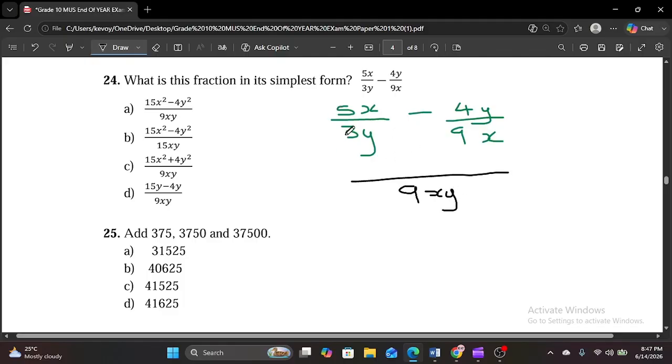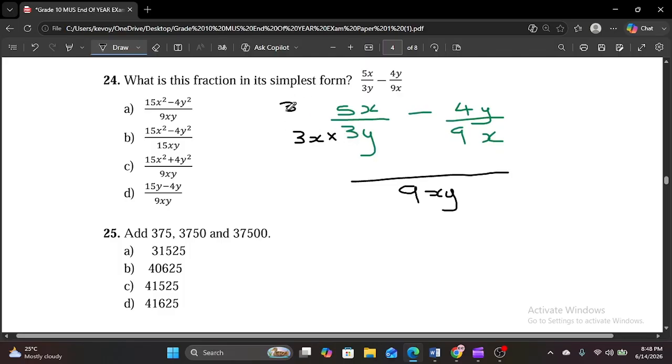All right, so what did you multiply 3y by now to get this right here? So you multiply 3 by 3 to get 9, but we must also include the x. So you multiply it by 3x. All right, so 3x times 3y is going to give you 9xy. And anything you multiply at the bottom, you have to multiply it at the top.